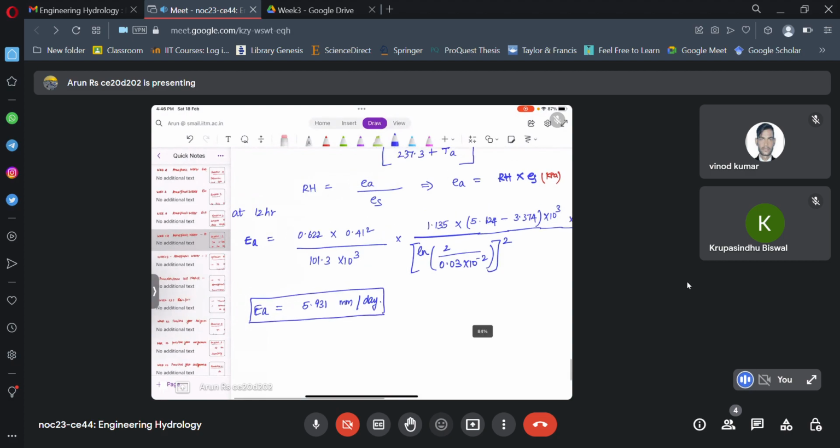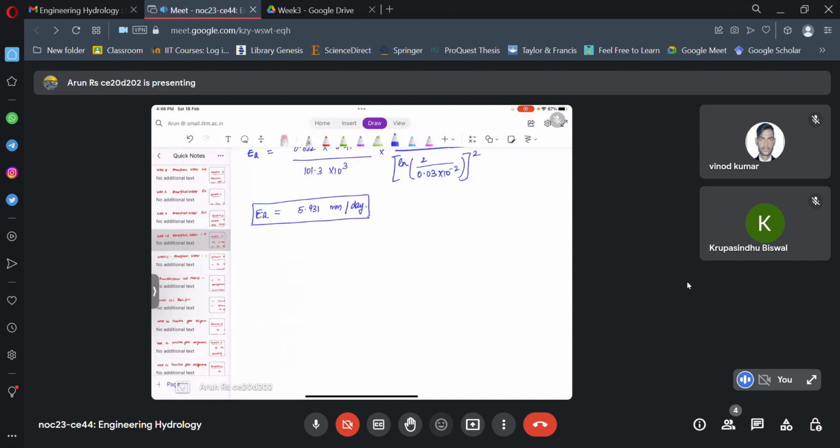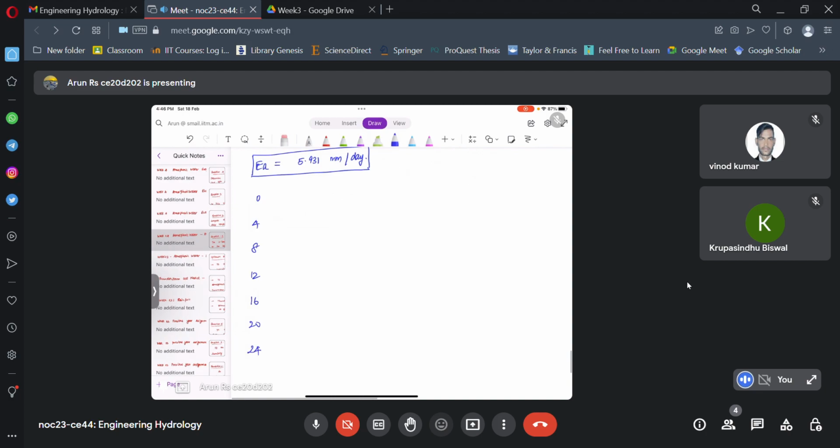So similarly we can calculate for all the other time steps. I will just write the values directly for all the other time steps: 0, 4, 8, 12, 16, 20 and 24. This is hours, and EA is estimated.